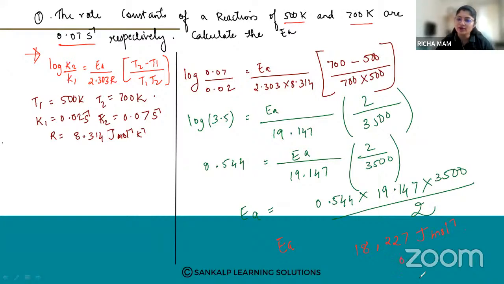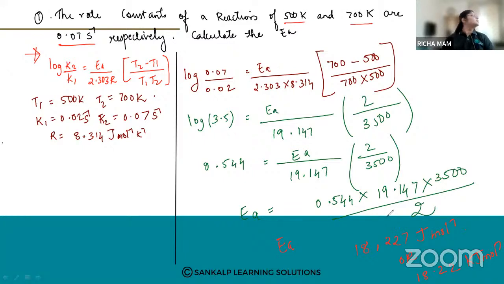Yes, Sri Varuni has got it, a baby has also got it. What about others? Everybody has got the same, 18,200 something.